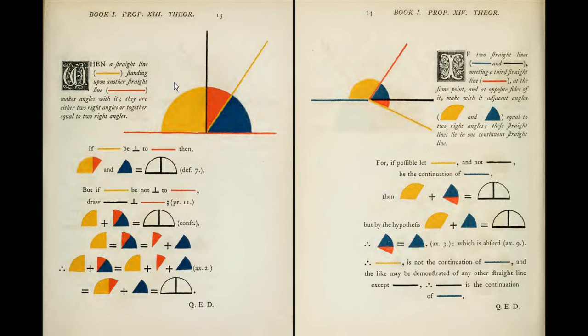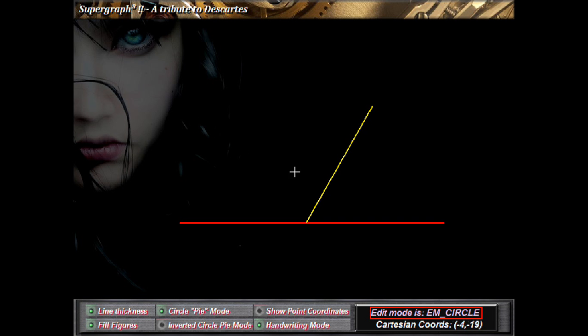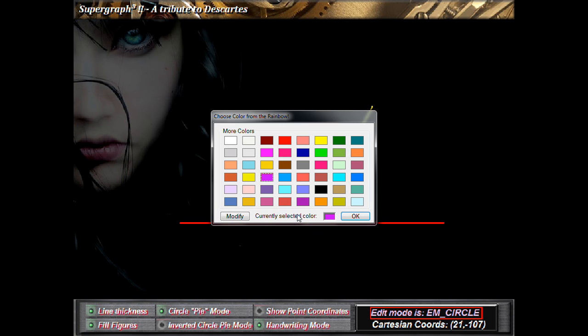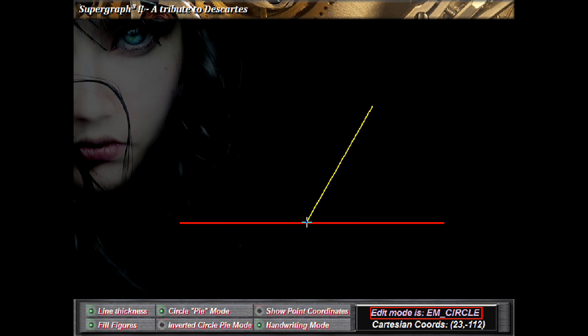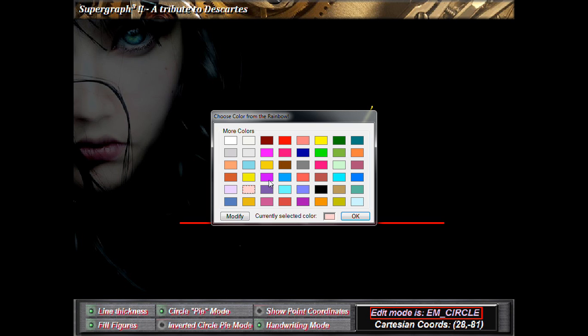When a straight line, yellow, standing upon another line, red, makes angles with it, they are either two right angles, so disregarding this red, if we take these angles, pi, as before, what he's talking about are this angle and this angle.